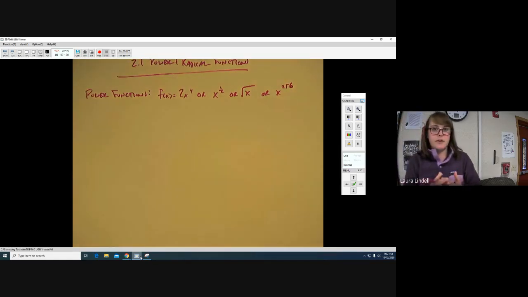Anything like that would be considered a power function. Any monomial, pretty much, with x to some exponent. So we want to be able to graph and analyze these types of functions.